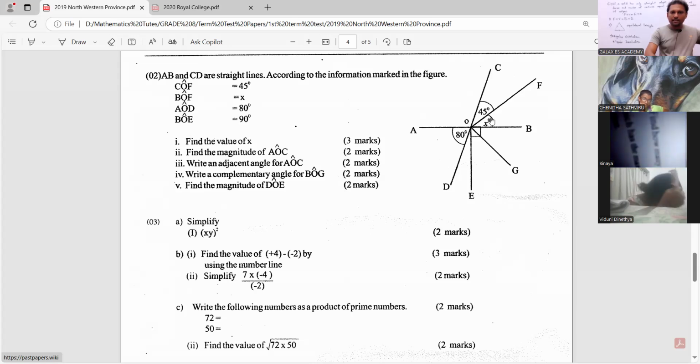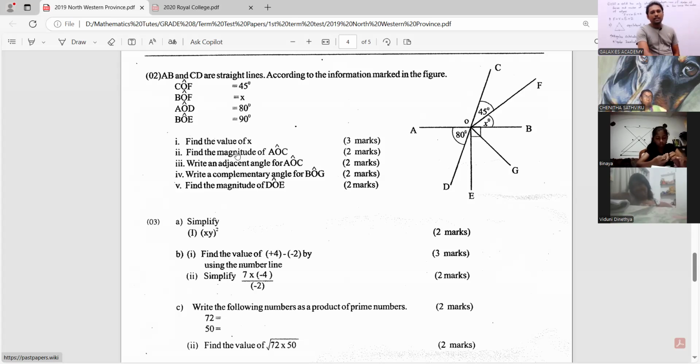BOF angle, this one, is x. AOD angle, this one, is 80 degrees. BOE angle is 90 degrees. Then, using the given information, you have to find the following parts. There are 5 parts given.